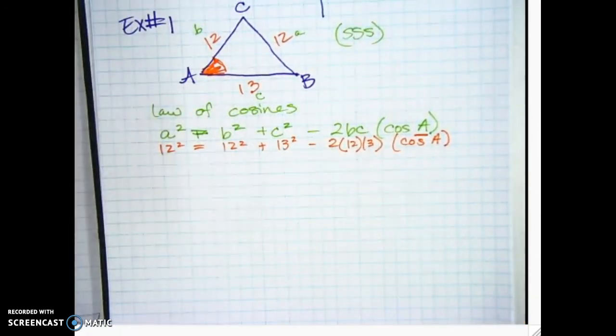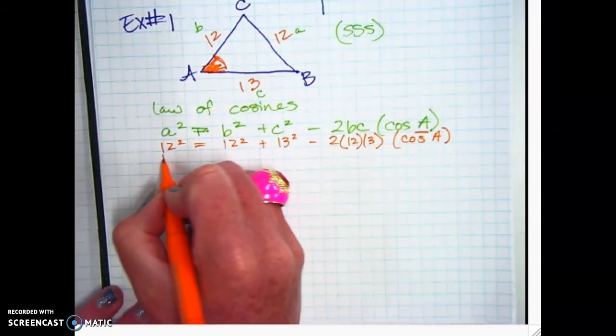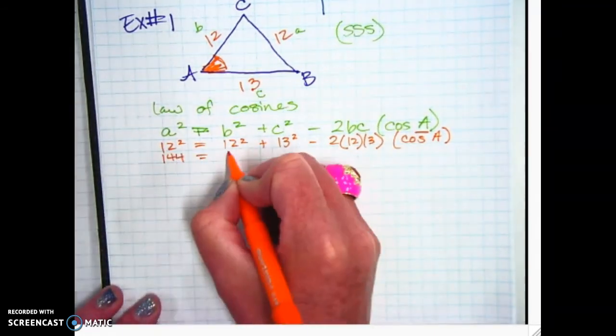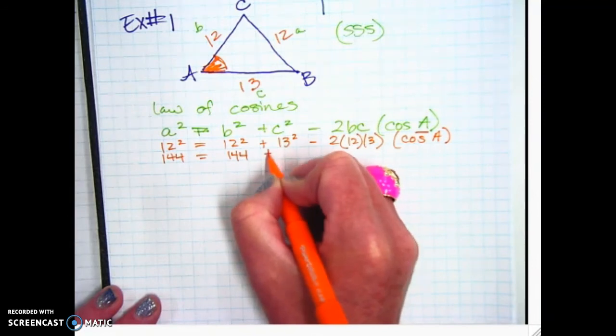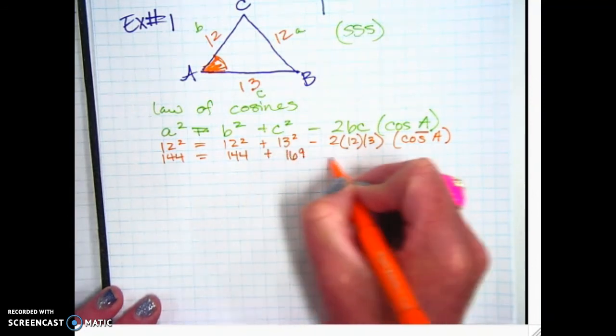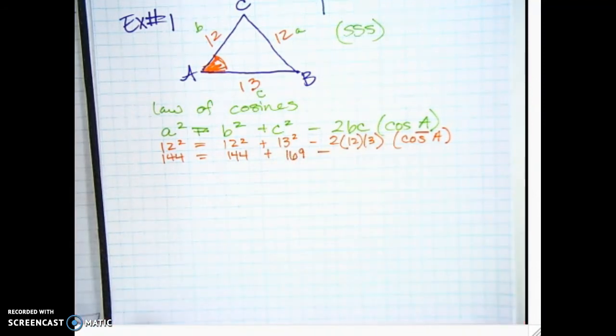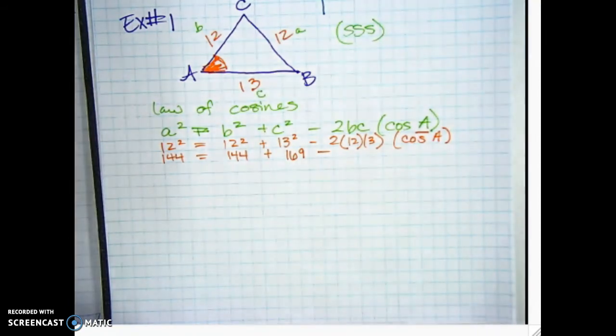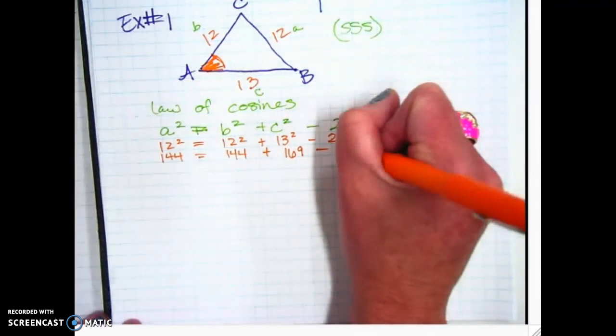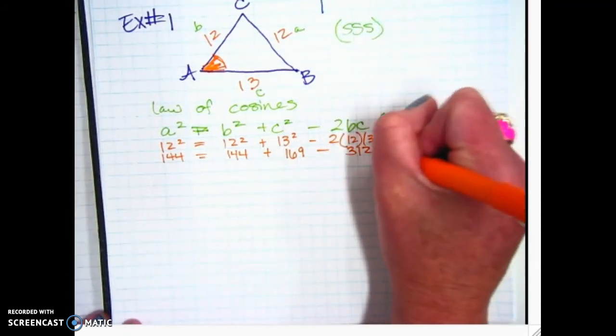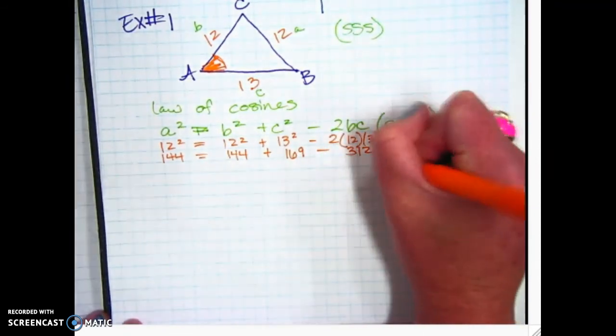So everything else we want to undo. 12 squared is 144. Another 12 squared is also 144. 13 squared is 169. Minus, let's multiply that out, 2 times 12 times 13, 312 times the cosine of A.